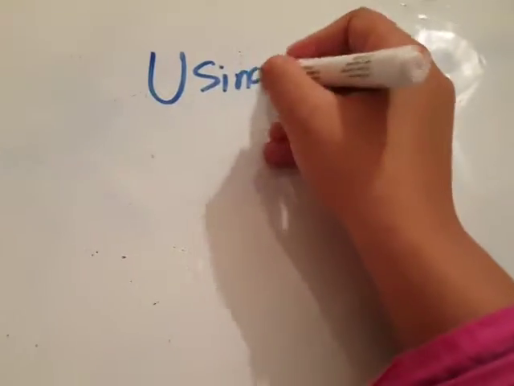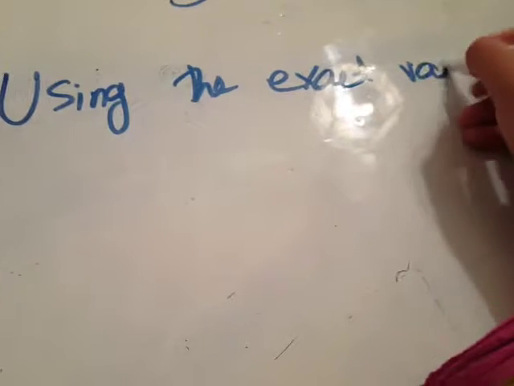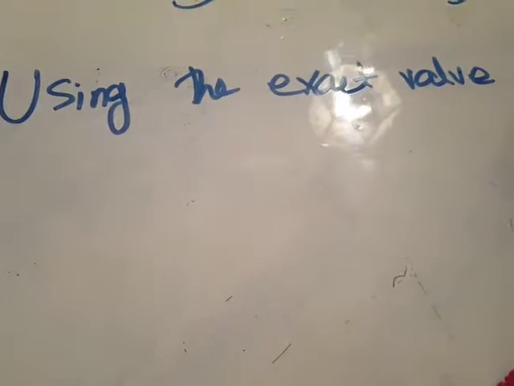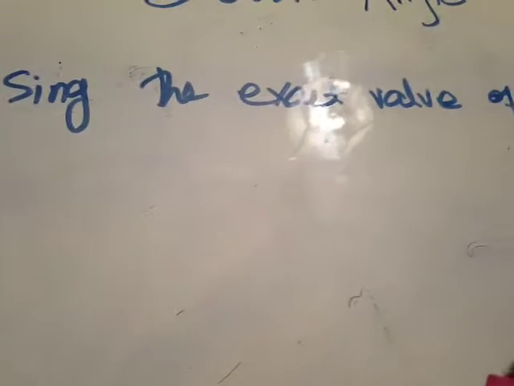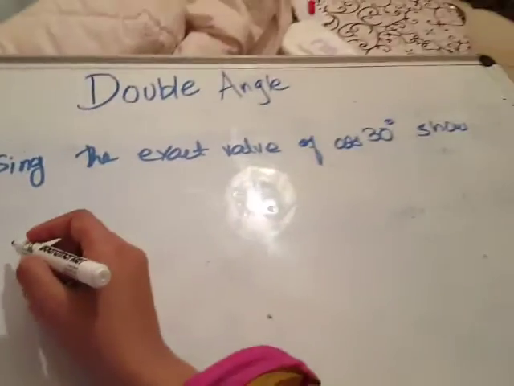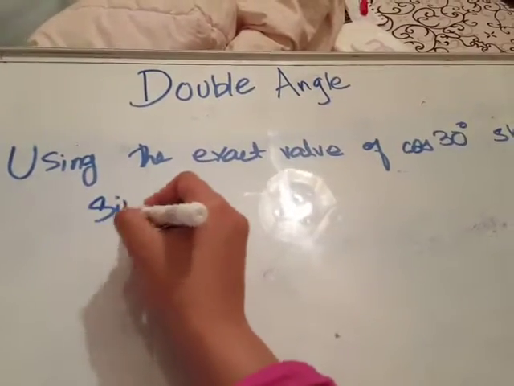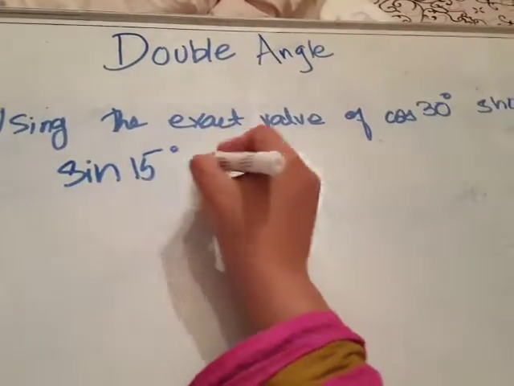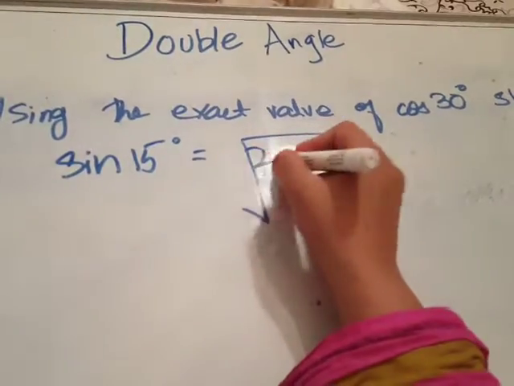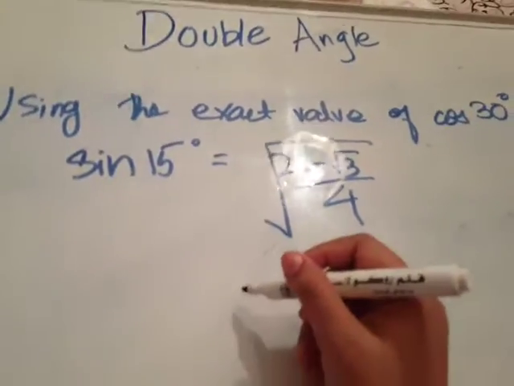Using the exact value of cos theta, show that your sine of 15 degrees is (2 minus root 3) over 4. Very good question regarding double angle identities.